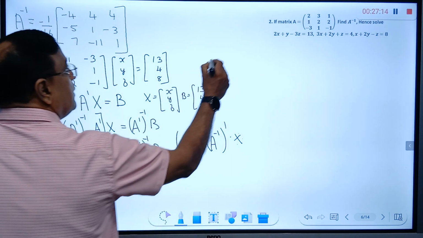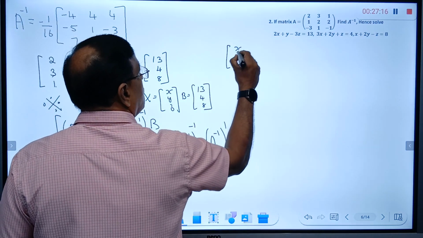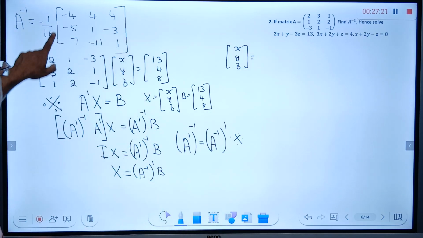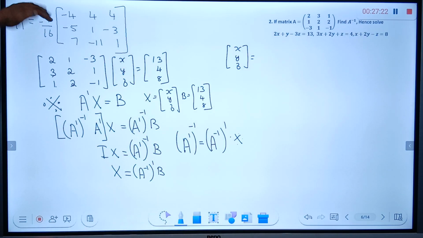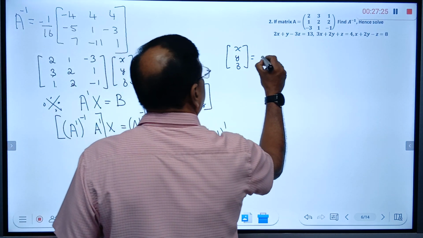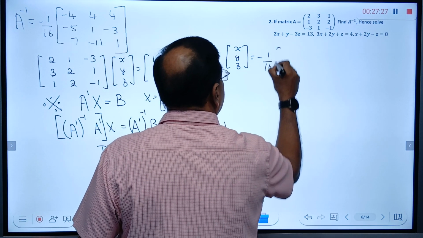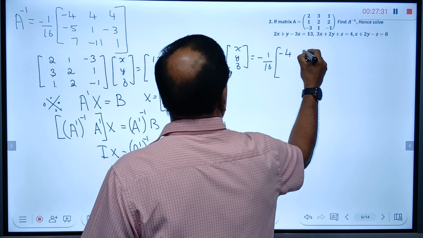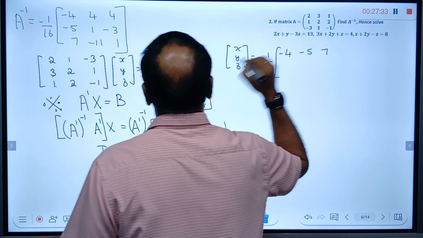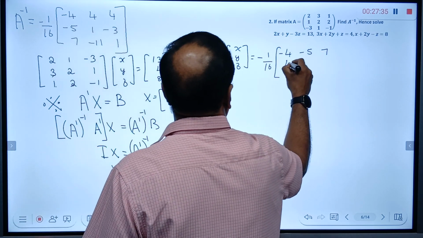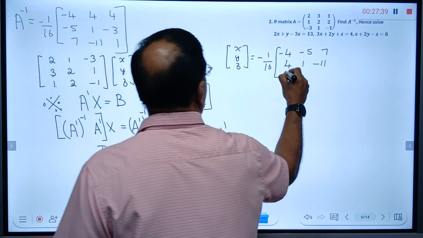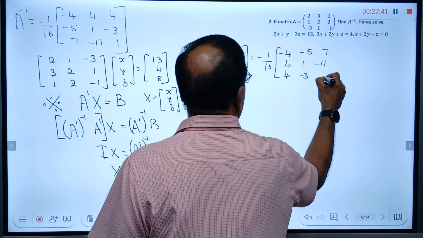Now what is X? X is x, y, z equal to, I know A inverse. This is my A inverse. So what is A inverse transpose? Minus 1 by 16 into, interchange the rows and columns. What is that? Minus 4, minus 5, 7, then 4, 1, minus 11, then 4, minus 3, 1.